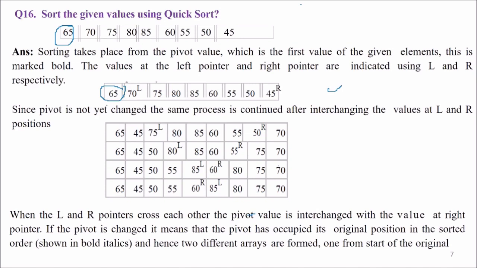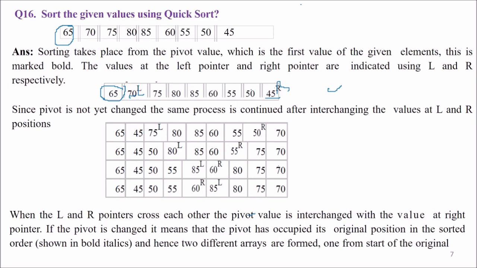The left pointer and right pointer are indicated by L and R. So this will be L and this will be R. Now we need to see what is going on. We will compare L with R. What is happening? This will be exchanged.